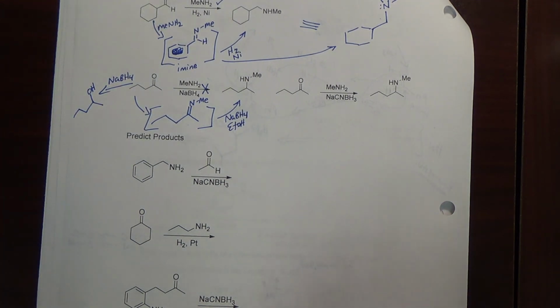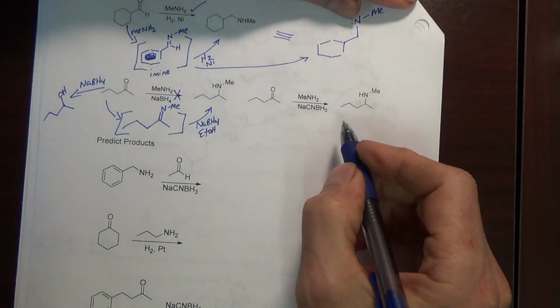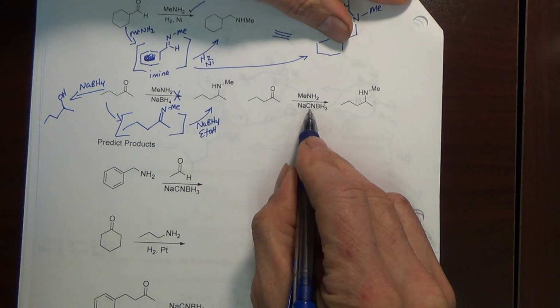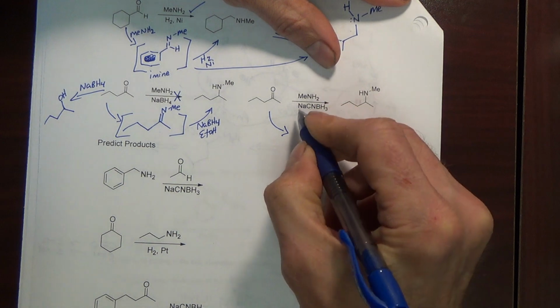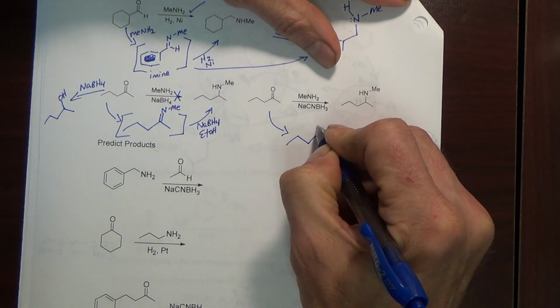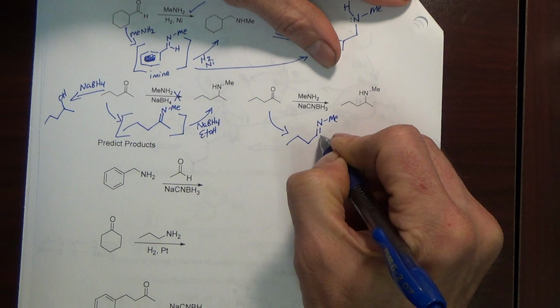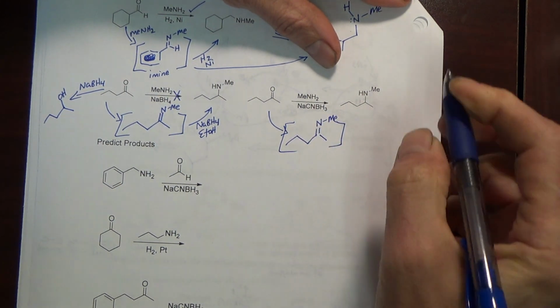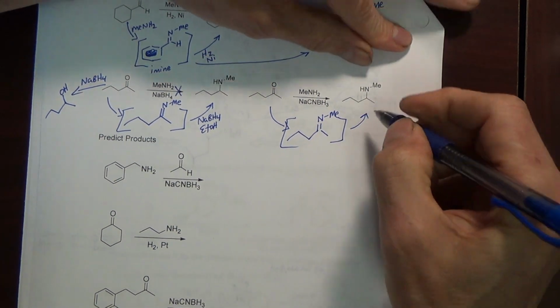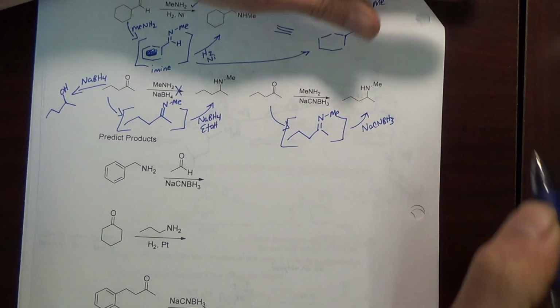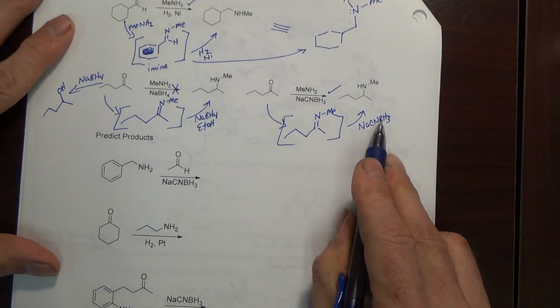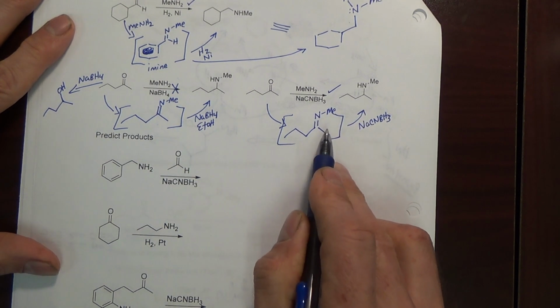But never fear. We do have a reagent that we can use here, and that is sodium cyanoborohydride. And so we get the imine, and the sodium cyanoborohydride will only reduce the imine.